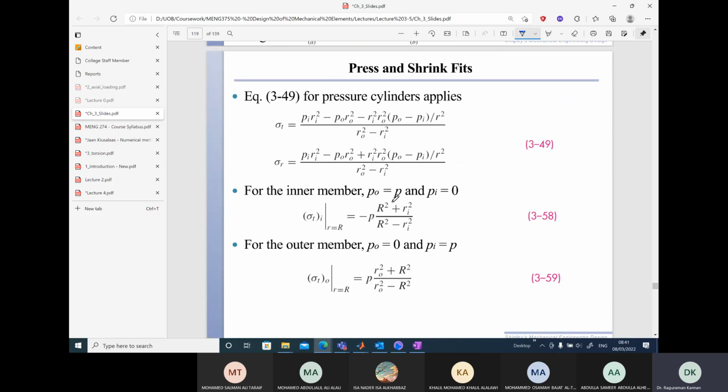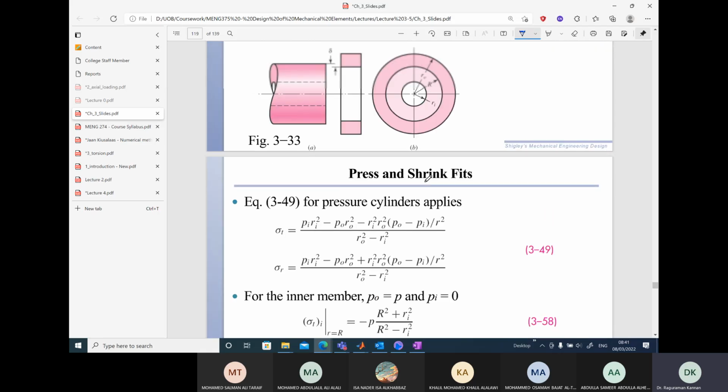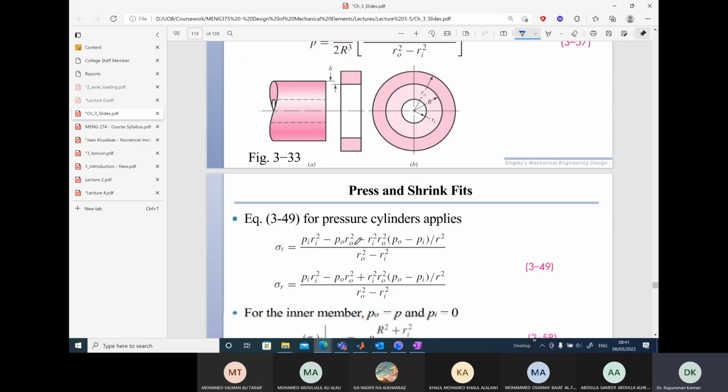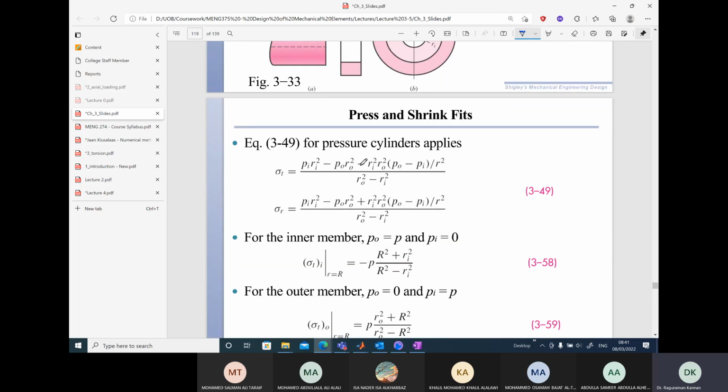Now, based upon the pressure value, in order to find what is the stress developed on the shaft, we are going to use the formulas for sigma T and sigma R value, which we used for finding thick walled pressure vessels.